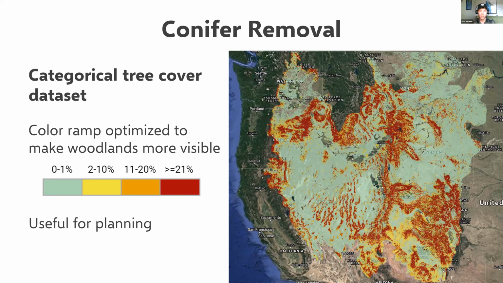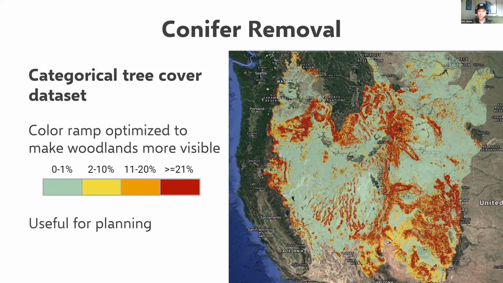Another valuable data set is the categorical tree cover data set on the sagebrush conservation tab. This is the same data as the vegetation cover data set, but it's depicted with a nice color ramp that relates fairly closely to different phases of woodlands across the West.